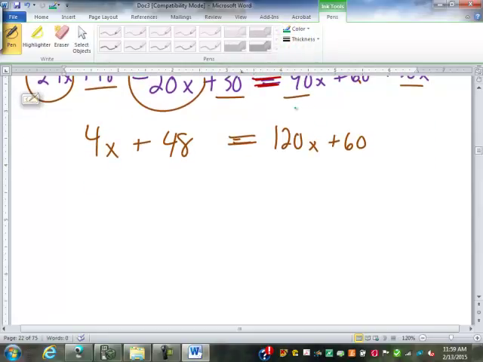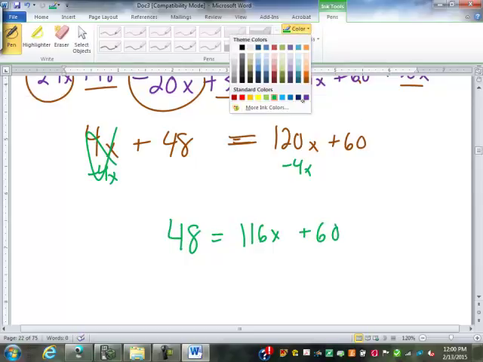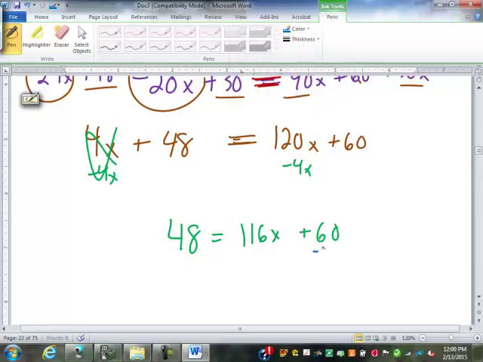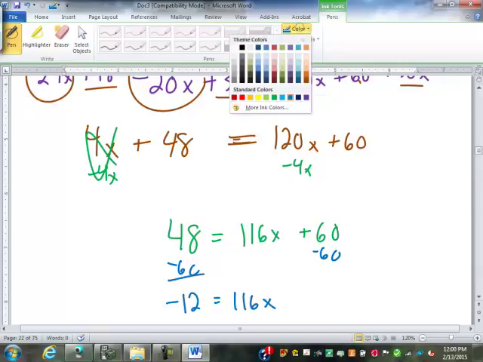Now I have to get rid of one of the x's. 4x is obviously the smaller one, so I'll subtract 4x. So 48 equals 116x plus 60. Subtracting 60. Negative 12 equals 116x. And my last step would be to divide by 116.